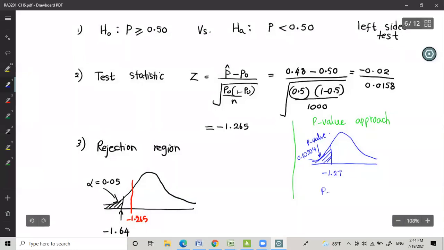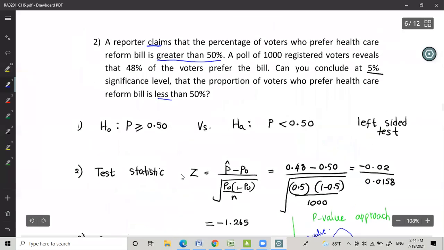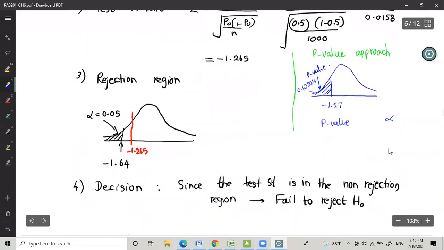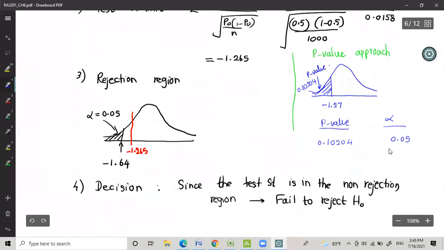Now that you have the p-value, compare it with your alpha. Let's go back and get the alpha. Alpha is at 5%. This p-value is 0.10204 and alpha is 0.05. Now what is the sign?